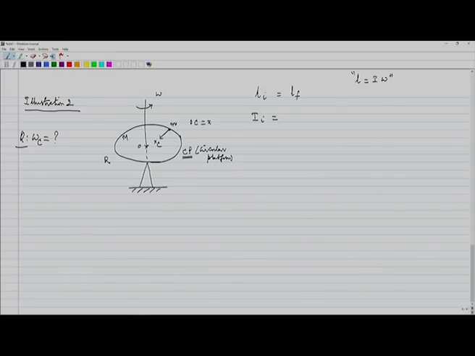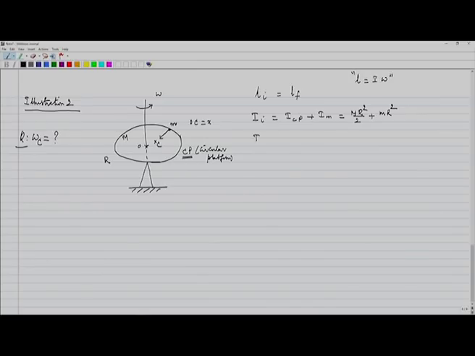So we need to know the initial moment of inertia of the system. Initial moment of inertia is I of CP plus I of mass. This is equal to, for the circular disc, M R squared by 2, where CP is the circular platform, plus little m R squared in the beginning.